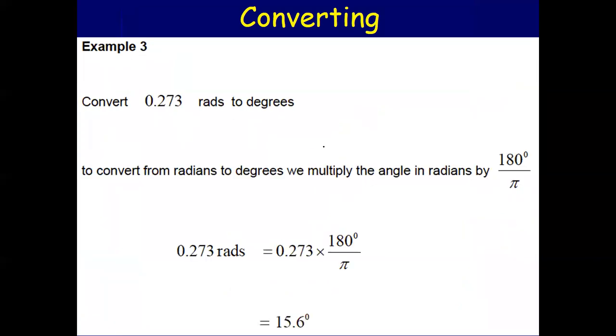Now, if you are given a decimal value, then you use your calculator. And this time you're going to do 0.273 on your calculator times 180 divided by pi. And you give it to 1 decimal place. In this case, make sure when you give it to 1 decimal place, you round it correctly, right?